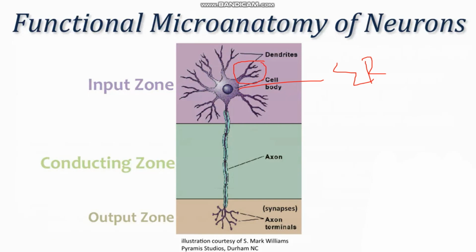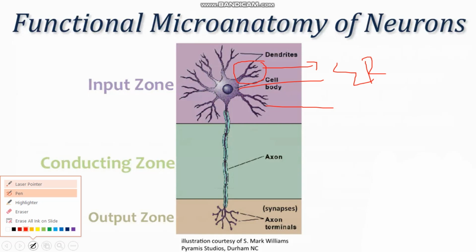Dendrites are the input zone, the places where a neuron receives information. Whenever you think of a dendrite, you may think of an input zone, a connection between neurons. Dendrites also make the surface area of the neuron wide; they increase the surface area of the neuron.